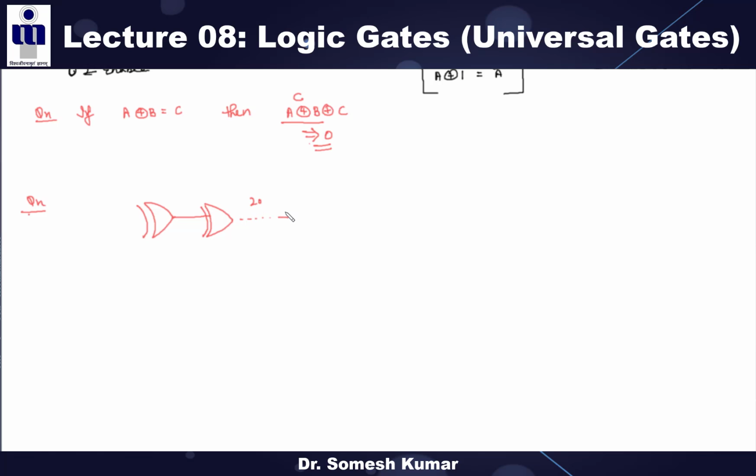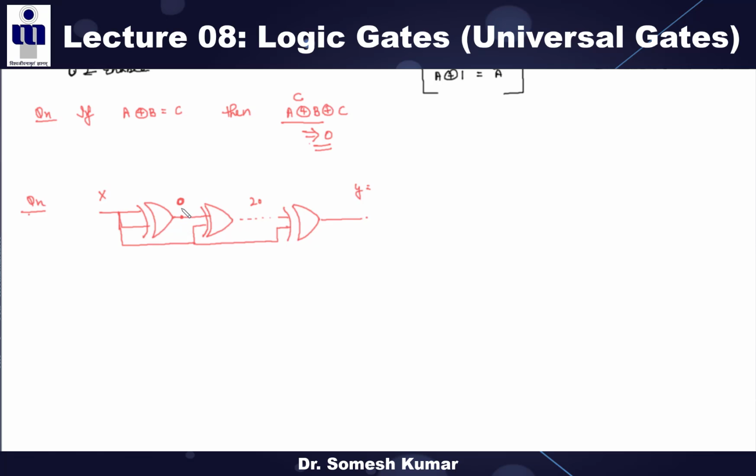So 20 XORs are connected. If the input is X, what is the output in this case? If it is connected to X, in the first stage, what is X XOR X? It means it is 0, right?